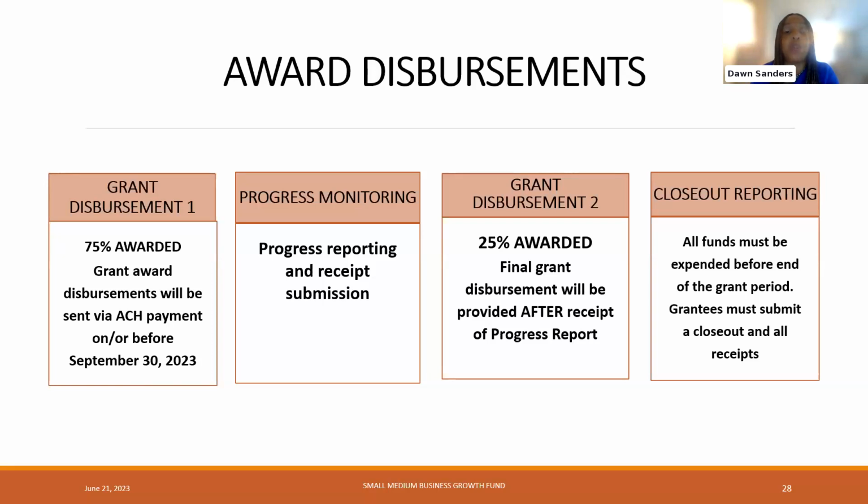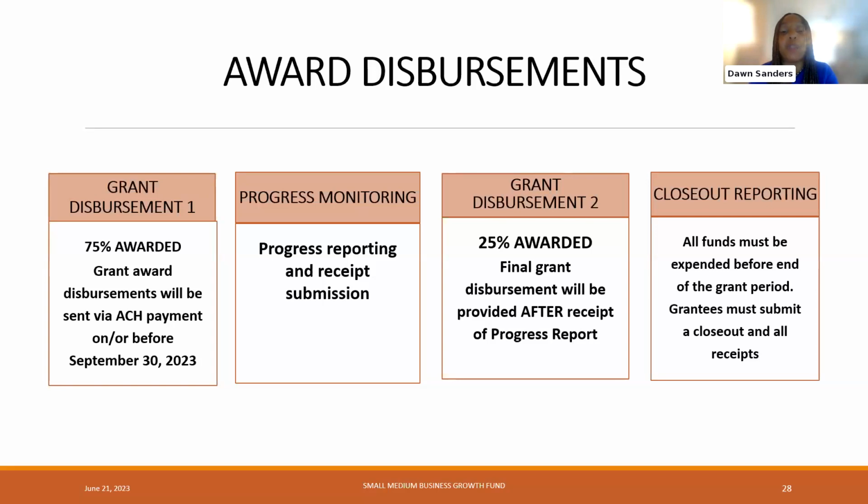So we want to make sure that everyone knows they're going to get the funds at a set time, but it's also going to be really important that you have your grant reports submitted and your receipts submitted so that you are going to be able to receive your next disbursement.